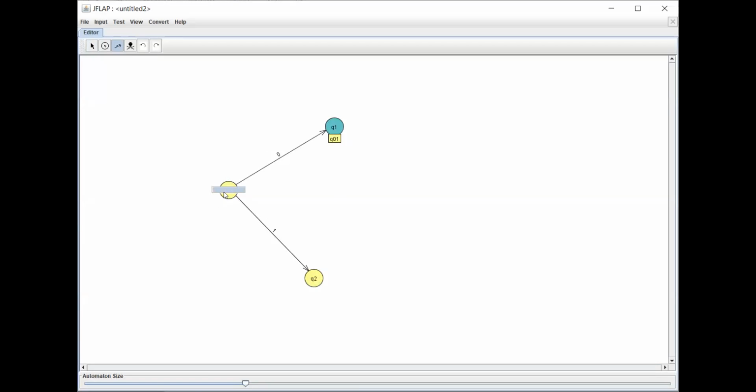Okay, q naught will be our initial state, so just make it an initial state.